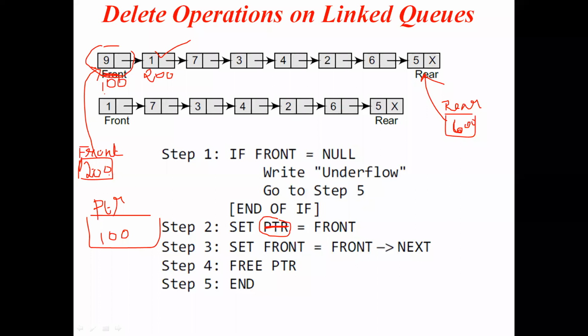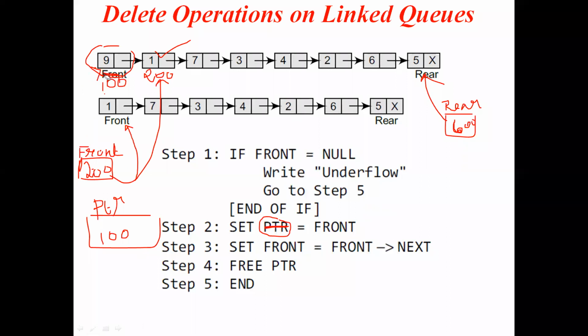Now front 200 is pointing to node 1. Nothing but the second example. I'm making this second example. So this is pointing to node 1. This should be removed. So once I do this, now front is done.